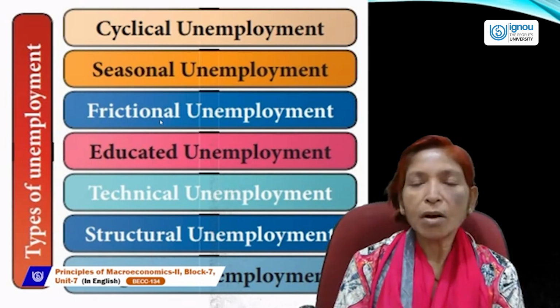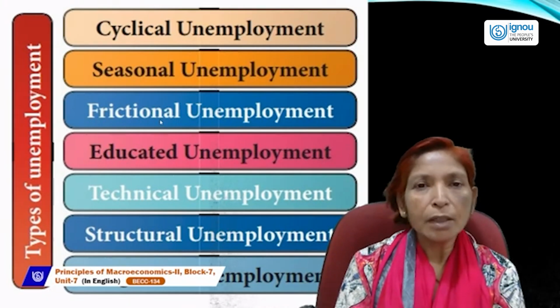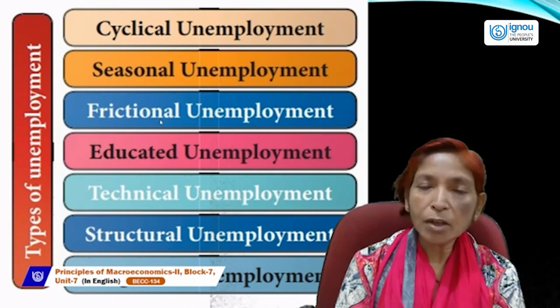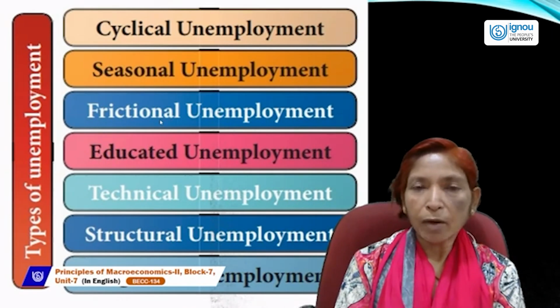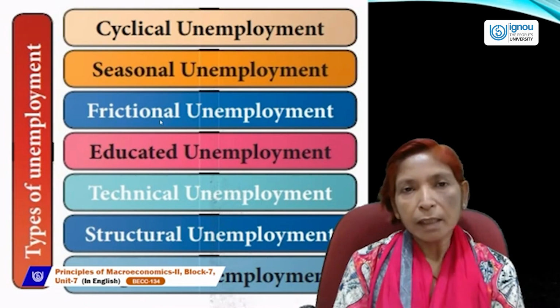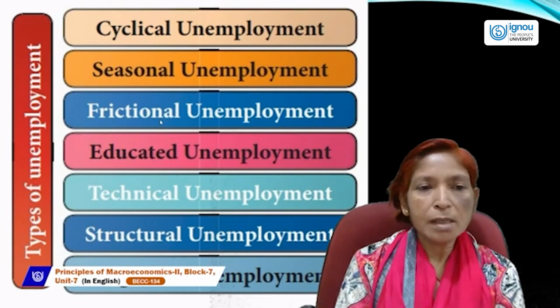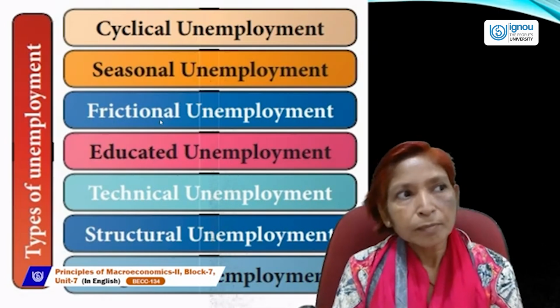So this is called seasonal unemployment, which occurs due to the seasonal production of any commodity. If you are producing any commodity according to the particular season, then you will remain unemployed in another season. So this is the situation of seasonal unemployment.